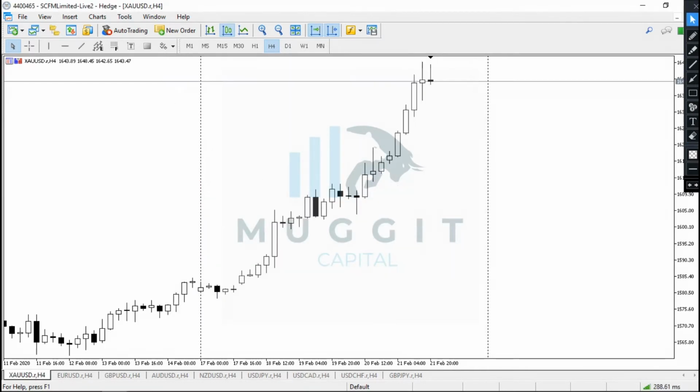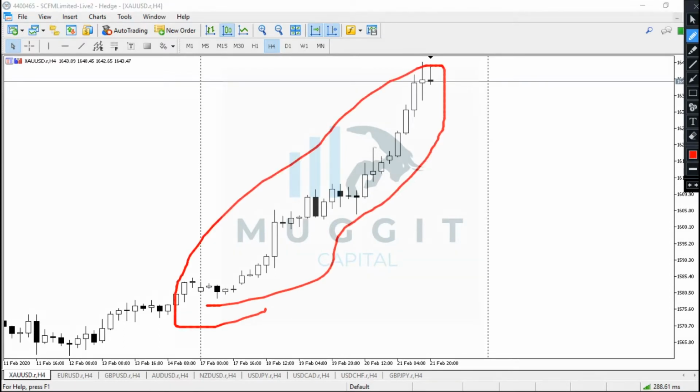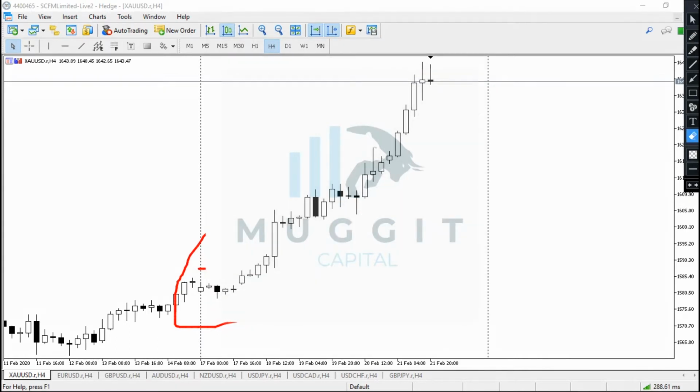So when you look at gold, you can see we were on a bullish run, but there is no clear indication of where resistance is or where support is. The chart is bullish, like an arrow pointing upwards. There's no really significant pullback that happened during the week.